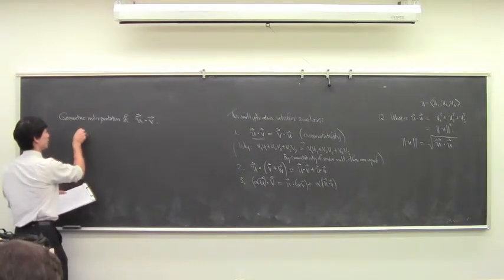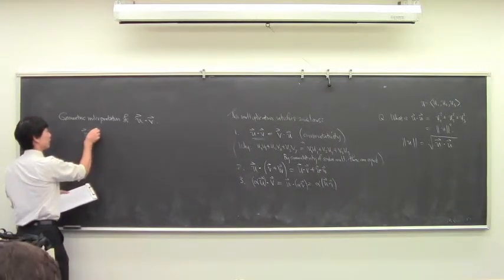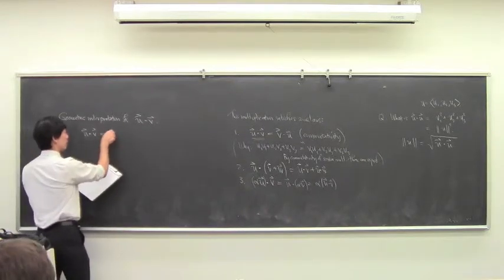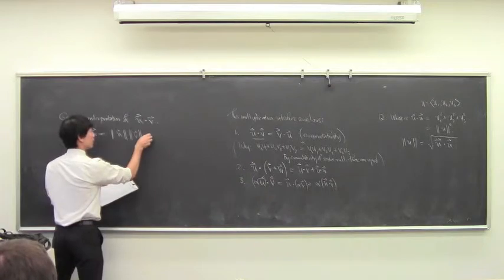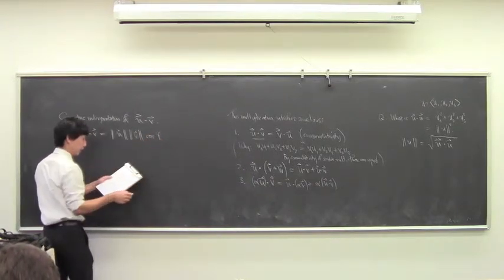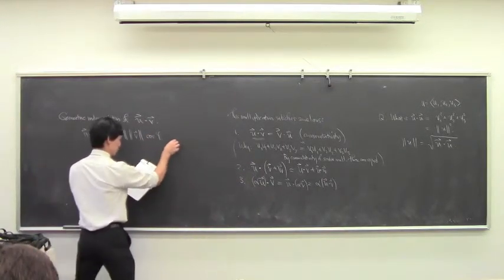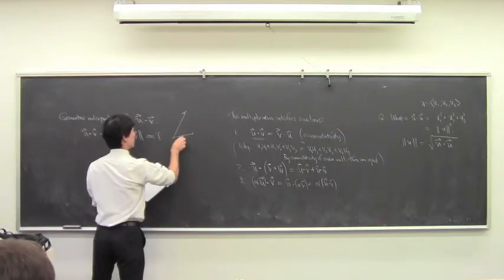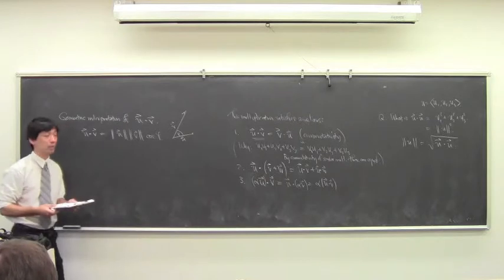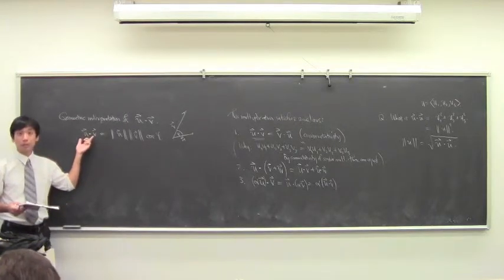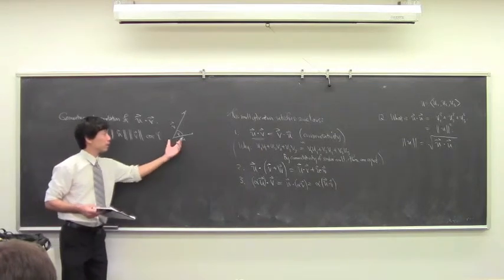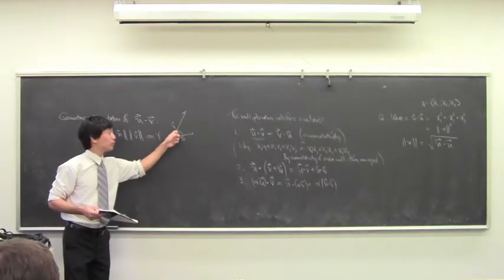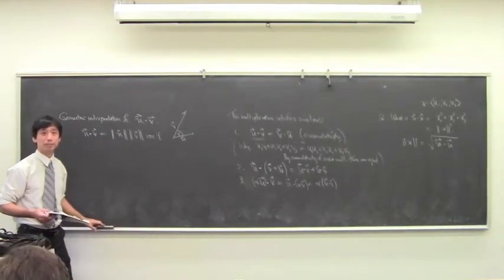The dot product of two vectors turns out to be the product of the magnitudes times the cosine of the angle between them. Suppose you have two vectors u and v, and some angle phi between them. The number you get out has a geometric meaning: take the product of the magnitudes and multiply that by the cosine of the angle between them.